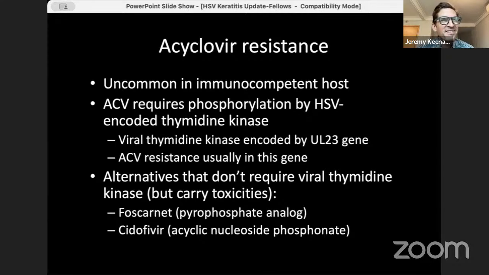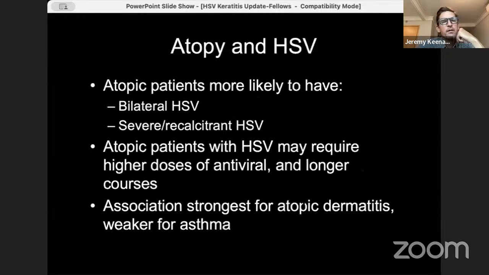But we do find clinically somehow that oftentimes that can be helpful; if they're not responding to the valacyclovir, sometimes they will respond to the Famvir. So that's something to consider before trying one of these other antivirals. But in general, we don't think of this as being such a huge problem.